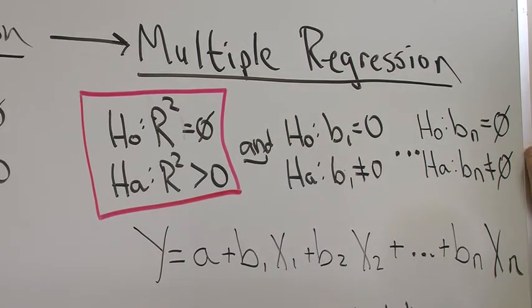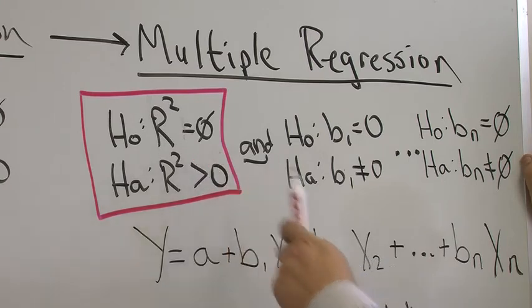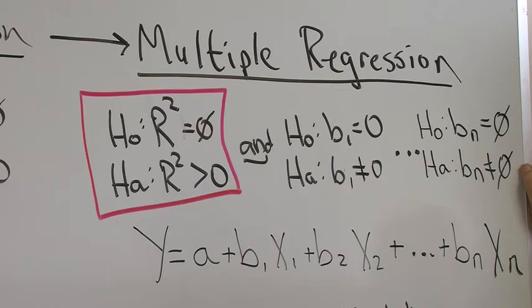The way that we answer that question is, if you look in the multiple regression output, you'll see the quote-unquote ANOVA table, and the p-value in the ANOVA table is where we ascertain whether R squared equals 0 or whether R squared is greater than 0. Or in other words, does the regression model in the aggregate help predict the dependent variable, or doesn't it?